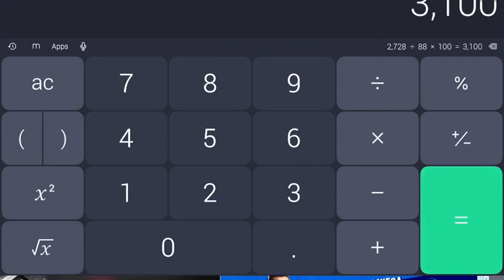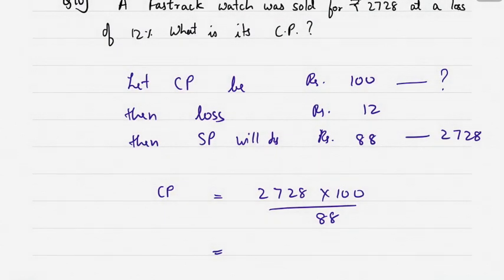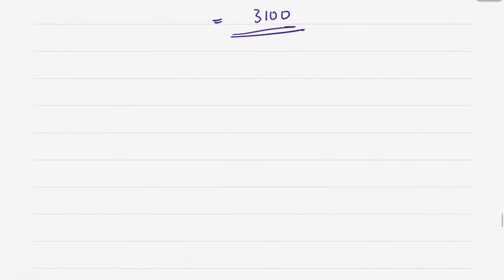Okay, it comes to 3,100. So answer is 3,100. So cost price will be 3,100. Very simple. Let's see the next question.